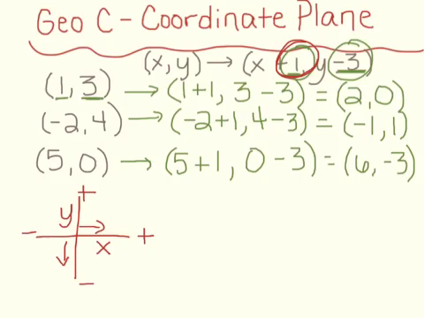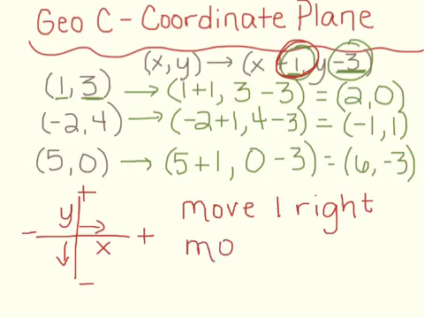So what I would say here is that this would move 1 to the right, because +1 on the x-axis moves to the right, and then it would move 3 down, because -3 on the y-axis would move you down 3. Okay, so that's those ones.